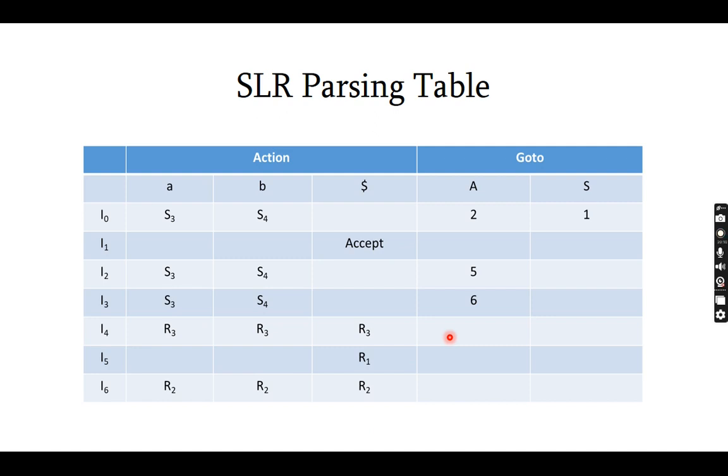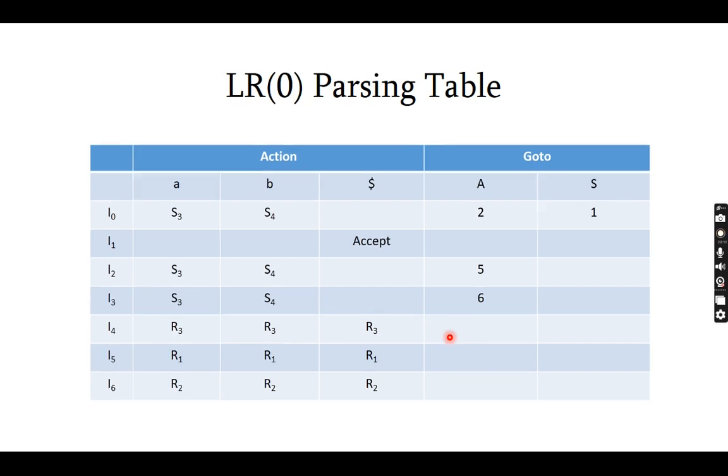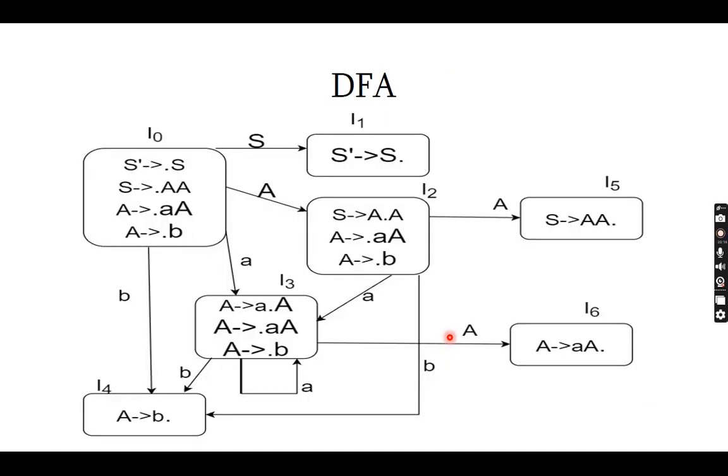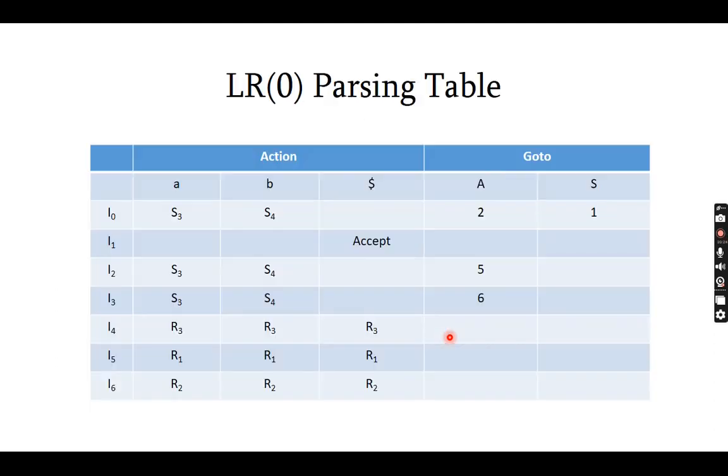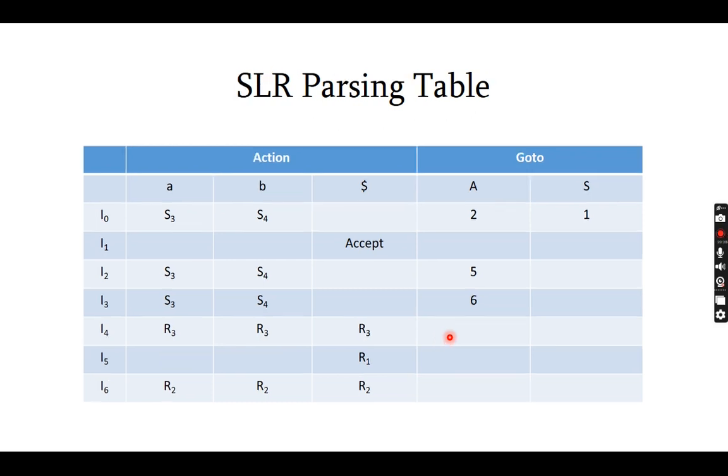This is the construction of the SLR parsing table, and this is the construction of the LR0 parsing table, and this is the DFA, and this is the augmented grammar with the follow of S and A and the production numbering. So like this you have to find the follow and the SLR parsing table.